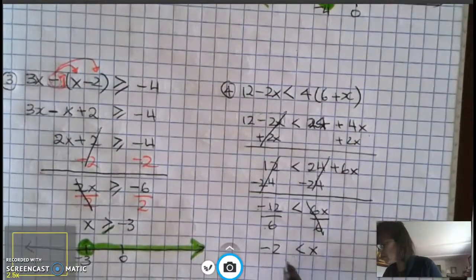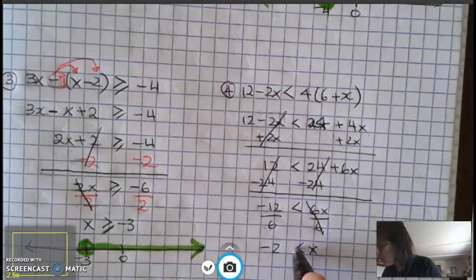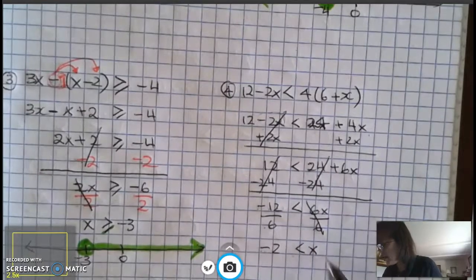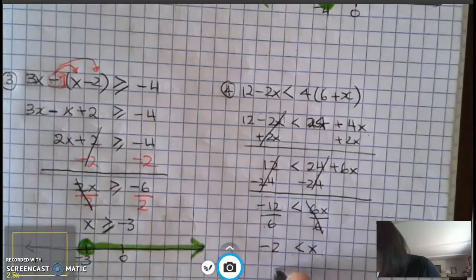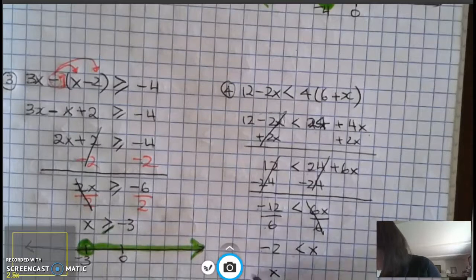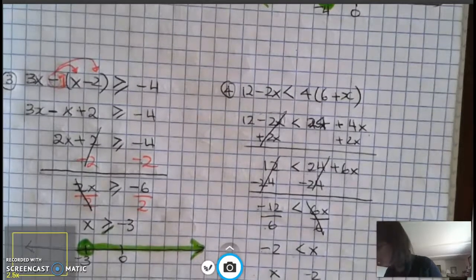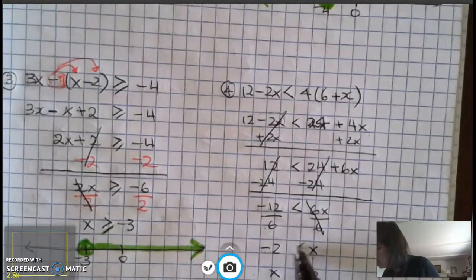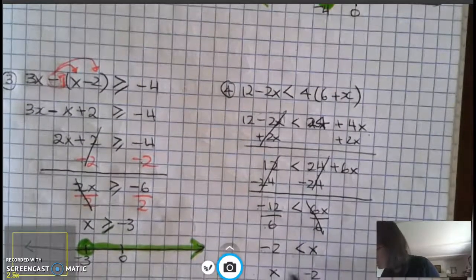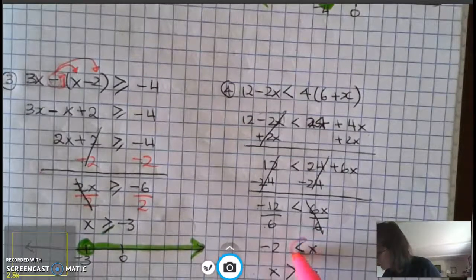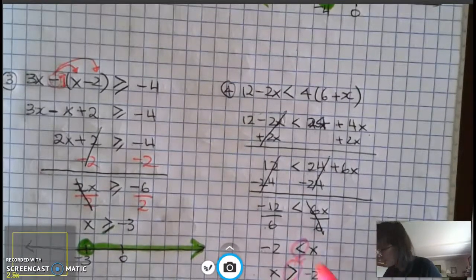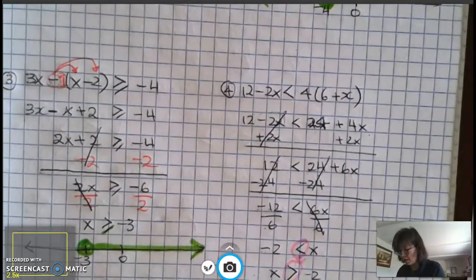Okay, when I see this, negative 2 is less than x, I really like to change the order, and this time I want x to be on the left-hand side and negative 2 to be on that side. And remember, the alligator mouth is opening to x. That means I need to flip that to the other side, because I am just changing the order of writing it.